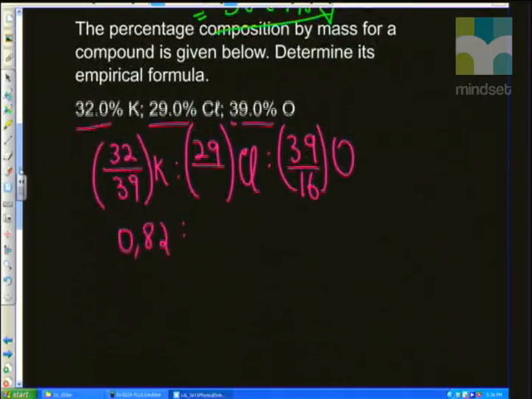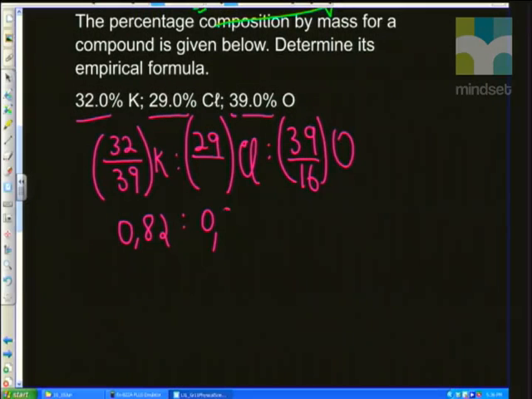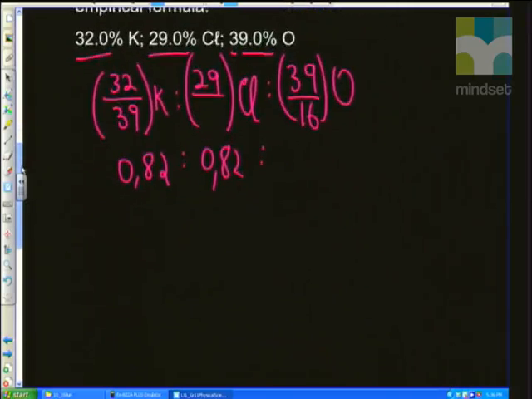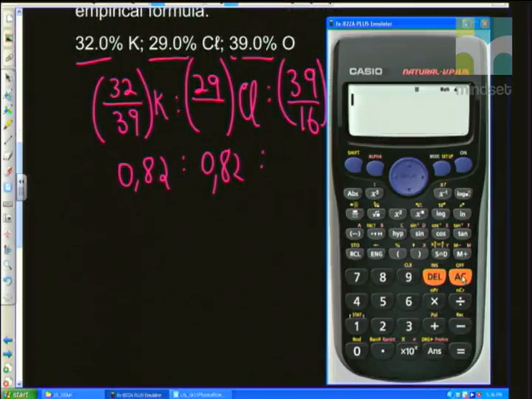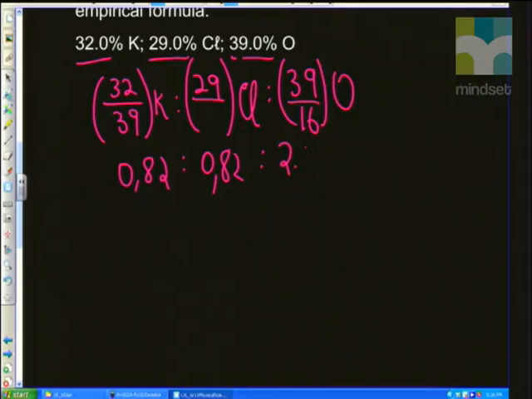I know that the chlorine one is also going to work out as 0.82 because I worked out the solution. And the last one, 39 divided by 16, works out to be 2.44 for oxygen.